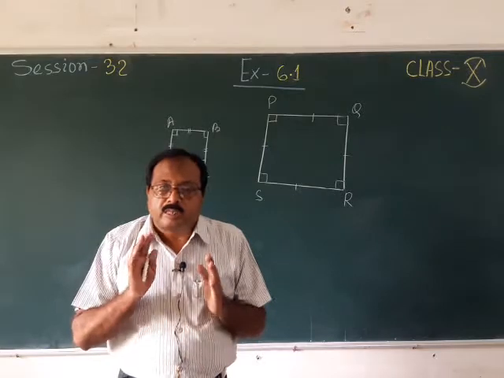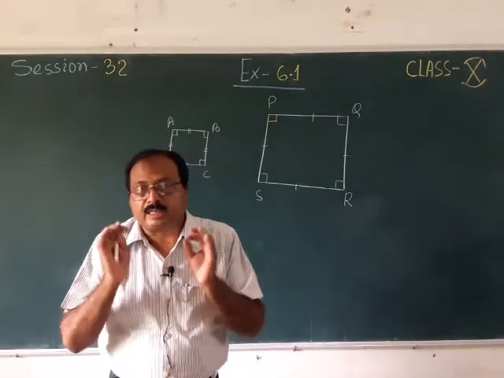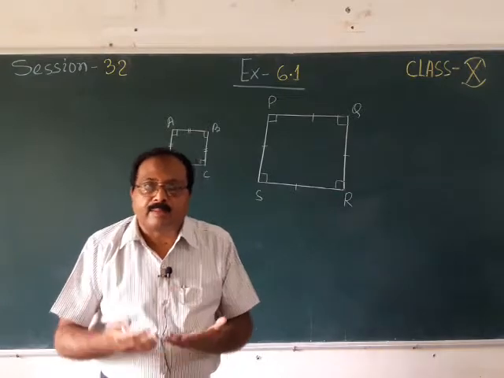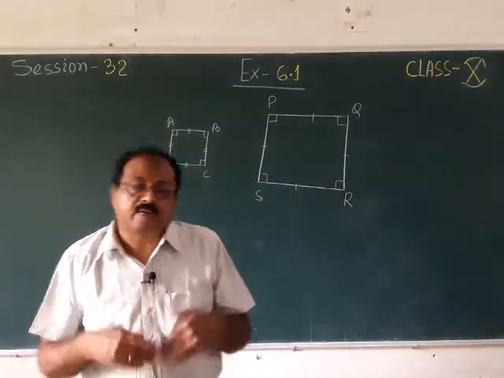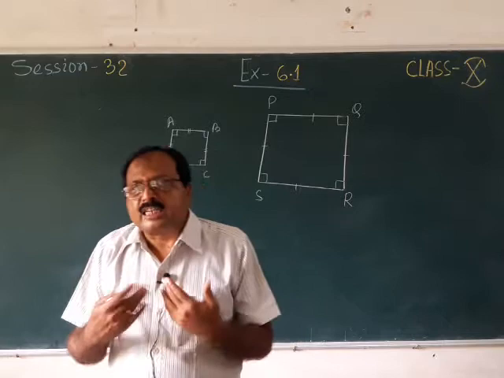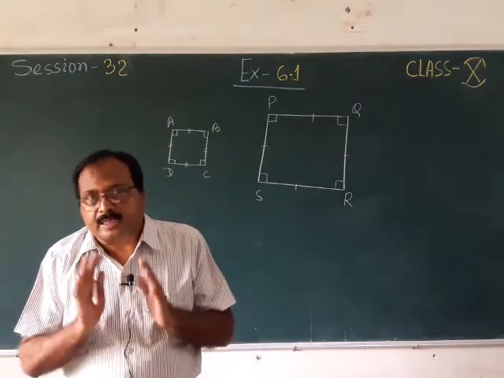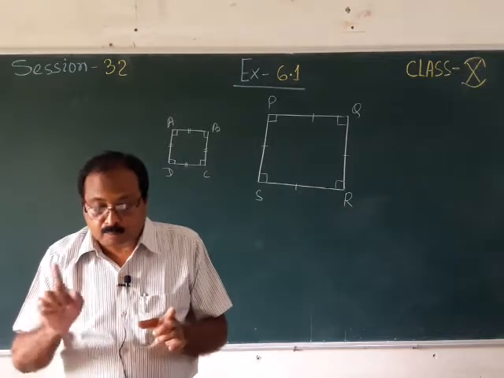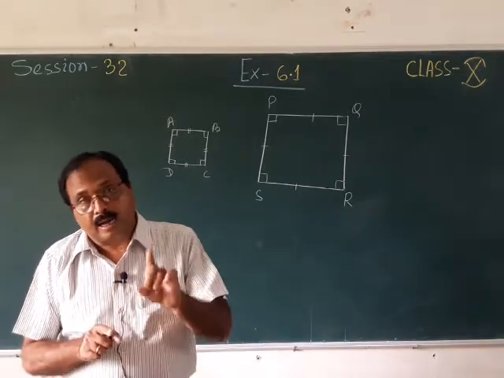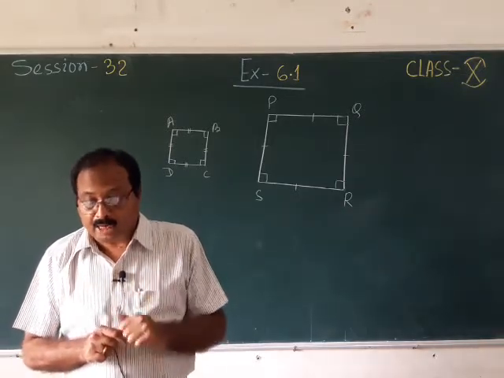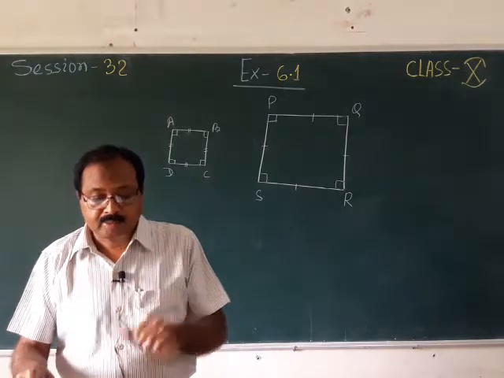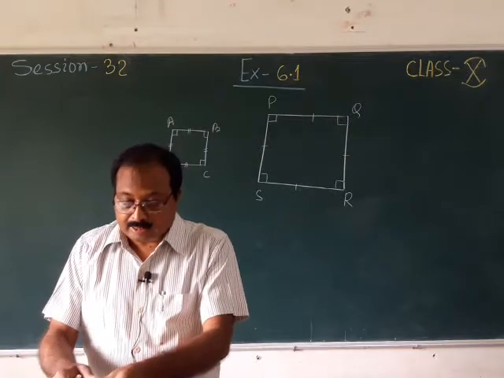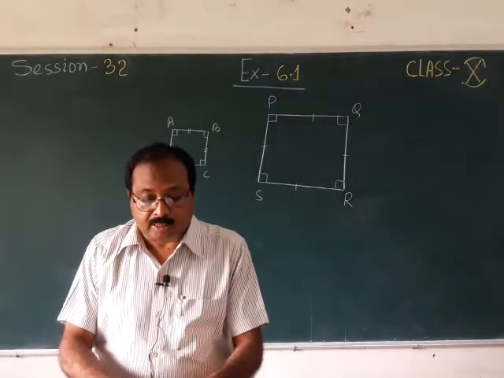Any type of polygon you can take, whether a pentagon, hexagon, octagon, nonagon, they may be similar. How can they be similar? If their corresponding angles are equal and their corresponding sides are in the same ratio, that means these two figures are similar to each other.